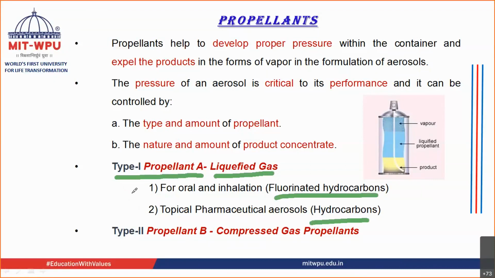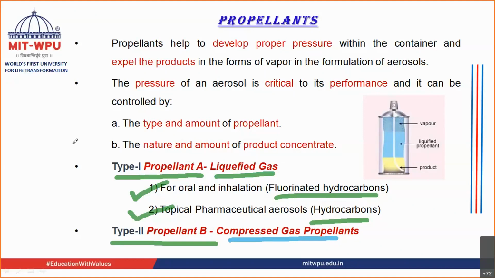Fluorinated hydrocarbons are usually used for oral and for inhalation, and hydrocarbons are basically used in topical pharmaceutical aerosols for topical application. The second type is known as propellant B, and it is made up of compressed gas. So you have liquefied gas propellant and compressed gas propellant.